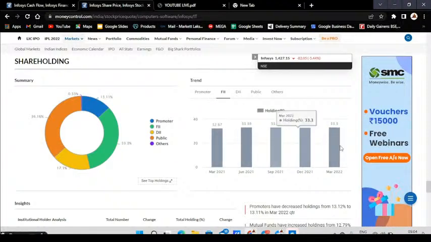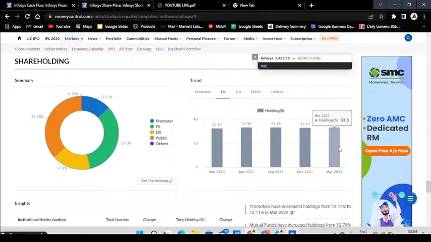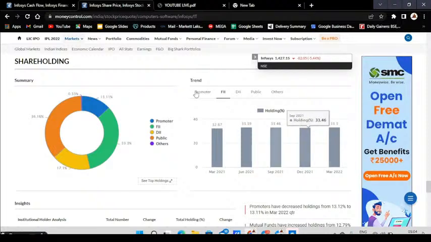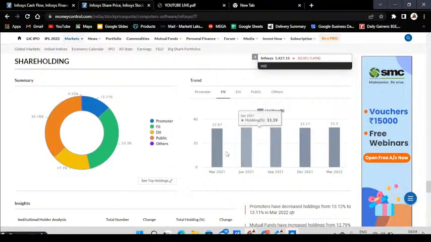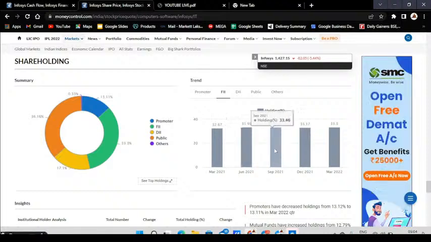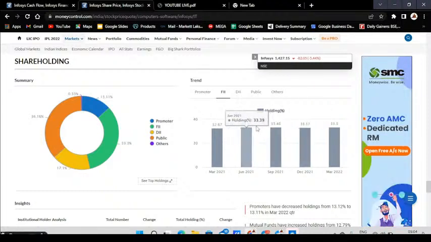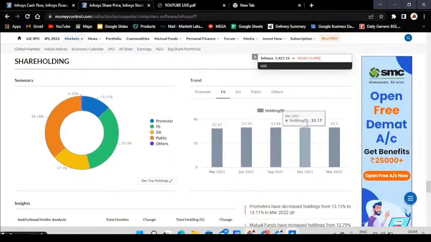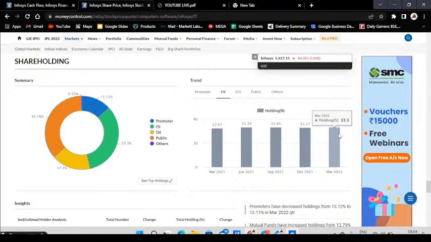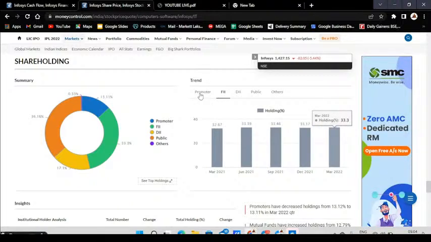Okay, and if we are checking FII's holding, so इनका काफी stable pattern है. 32 से 33 हुआ, 32 से 33, just a slight change with 0.39, 0.46, 0.17 and 0.3. Not major difference in FII.